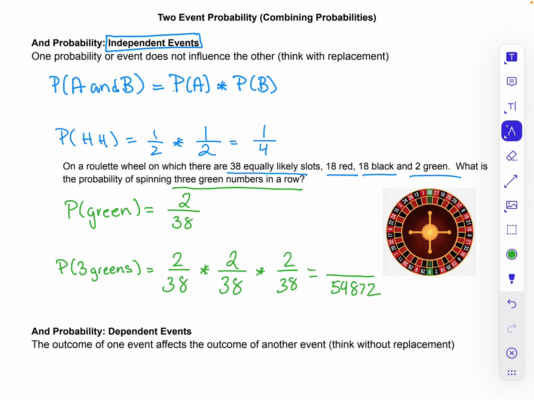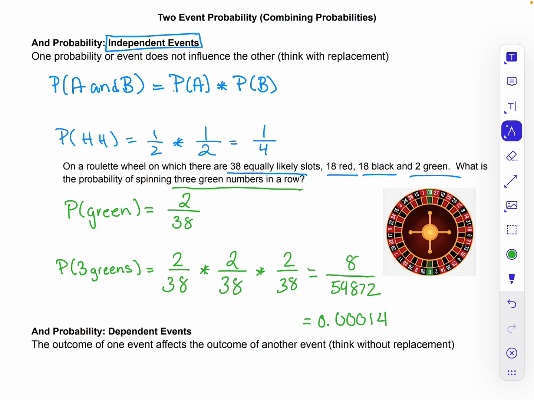And then, 8 of those involve 3 greens. And so that's a teeny likelihood. In fact, if I turn that into a decimal, I would get 0.00014. That is less than 0.1%. So the likelihood of getting 3 greens in a row is almost non-existent. But just to give you a sense of what happens.